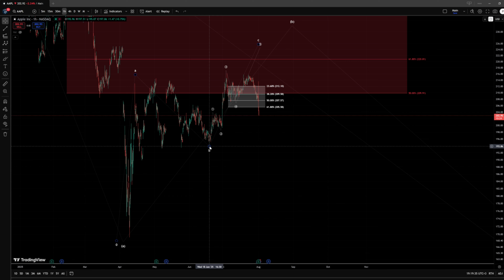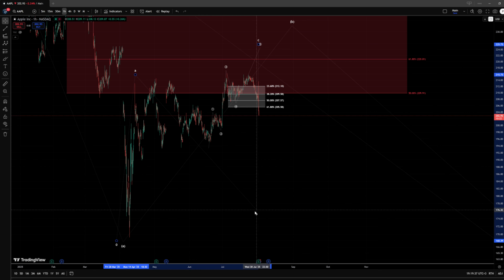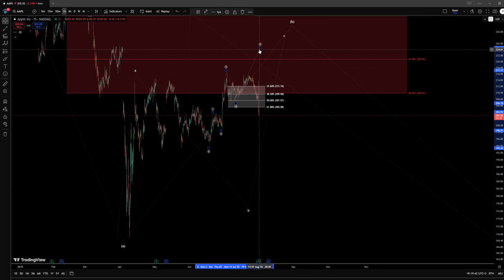I would rather prefer that this B wave extends, and this C wave is no longer valid because it is not a 5-wave move. There's no way I can count it as that.